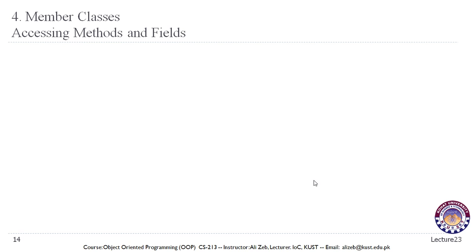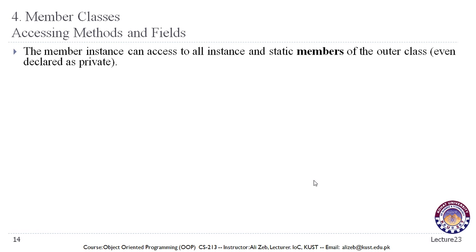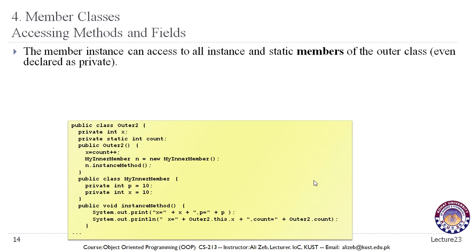Accessing methods and fields: the member instance has access to all instance and static members of the outer class, even those declared private, as we saw in our previous slides. This is, for example, an outer class, and we want to access the members of the outer class over here.